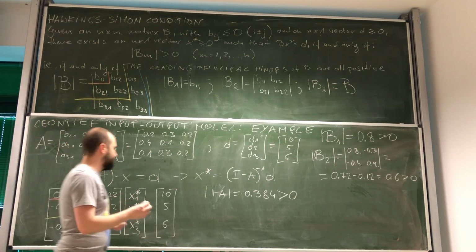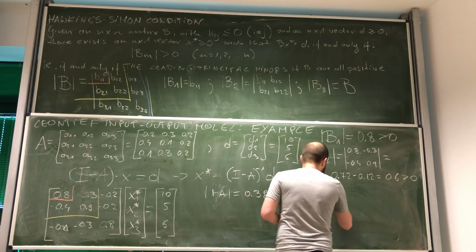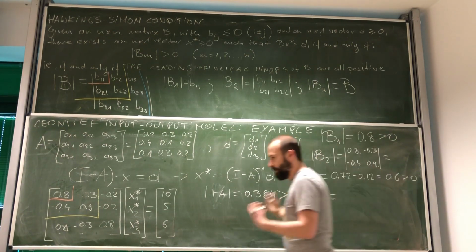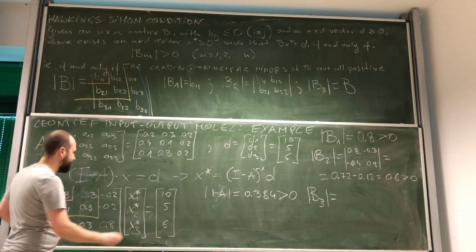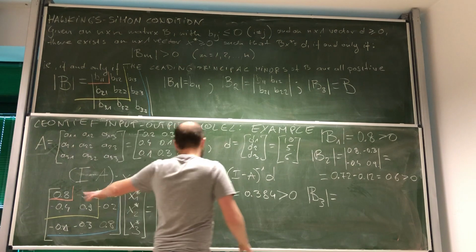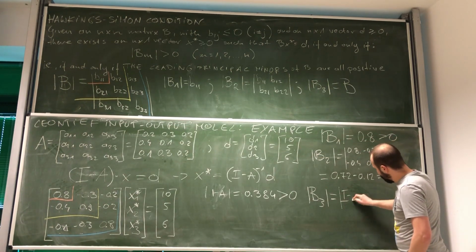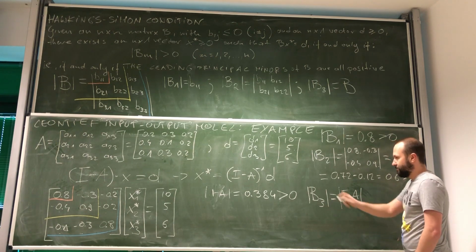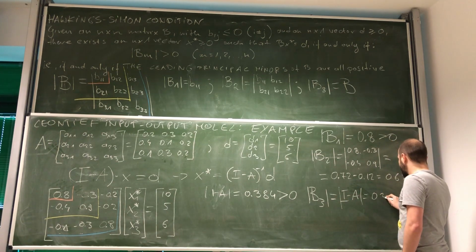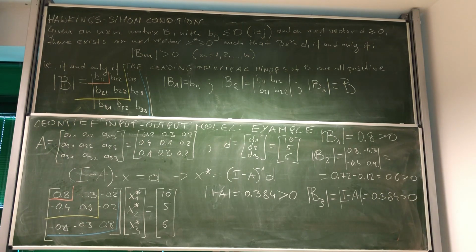And finally, B3, the third principal minor, is the entire determinant. So this is something we already established. It's equal to 0.384. It is bigger than 0.